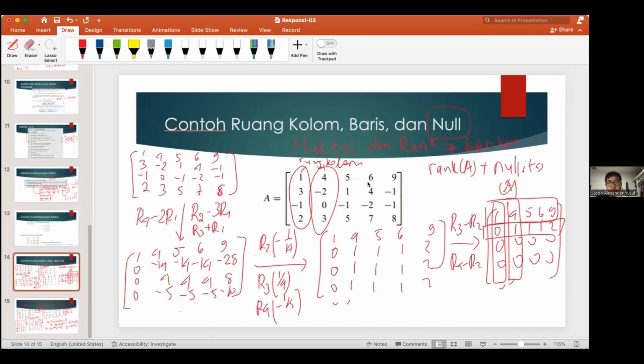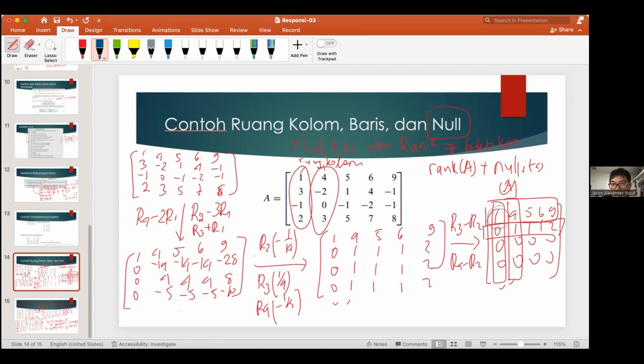Okay, so this is an example on how you find the column space, the row space, and the null space. So let's say you have this system here. The first thing that you should do is to perform Gaussian elimination until you get this form. This is your Gaussian form. Then you identify where the leading ones are.